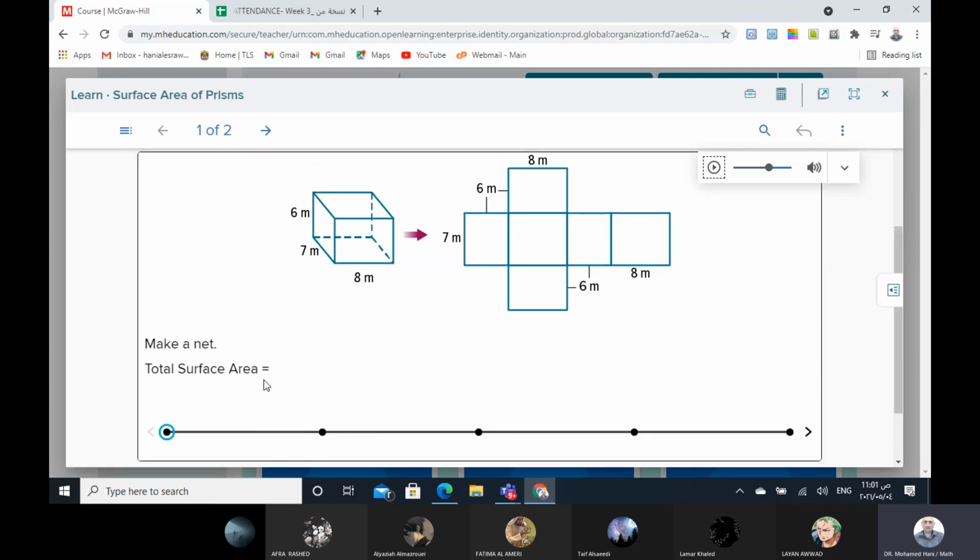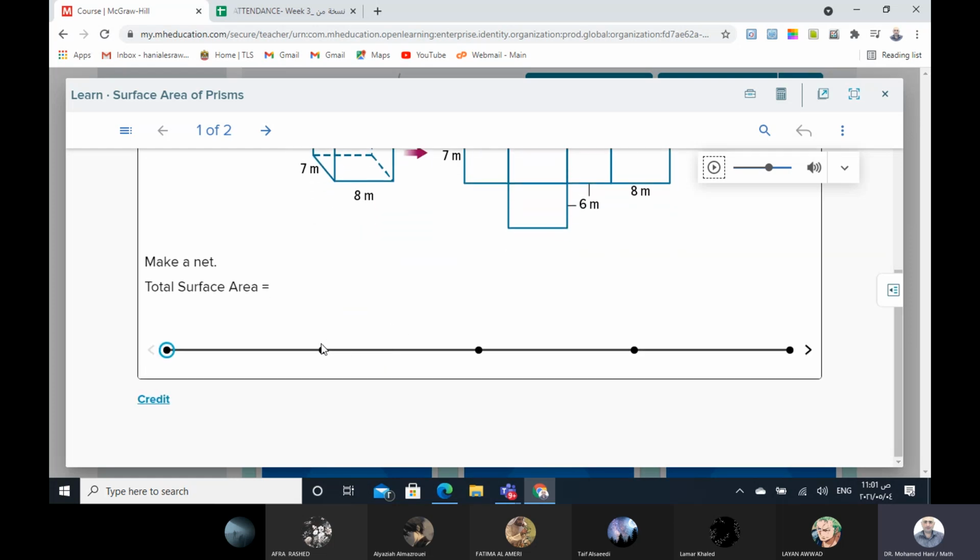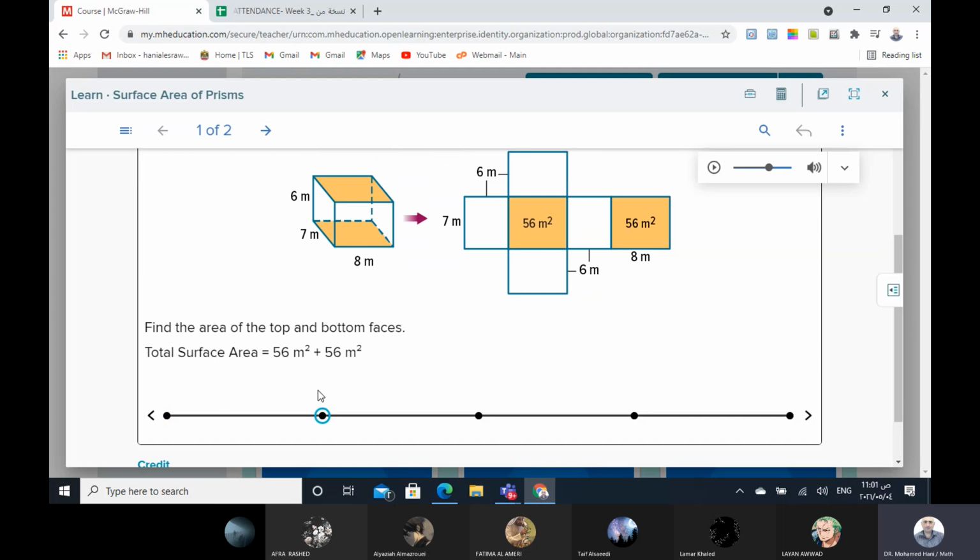So the surface area of this prism: I will add the area of this rectangle and the area of this rectangle, 56 plus 56, for example. Why 56?